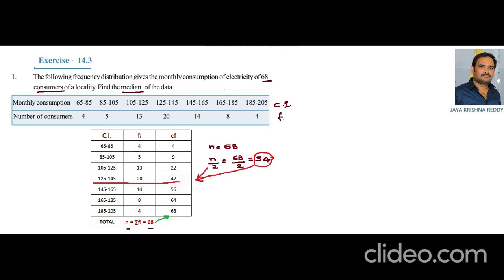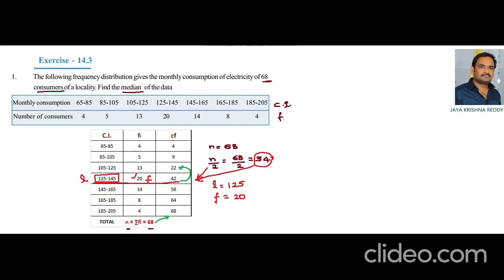This class interval, 125 to 145, is the median class. The lower boundary of this class is 125, so that is the L value. In this median class, the frequency value is 20, so f equals 20.